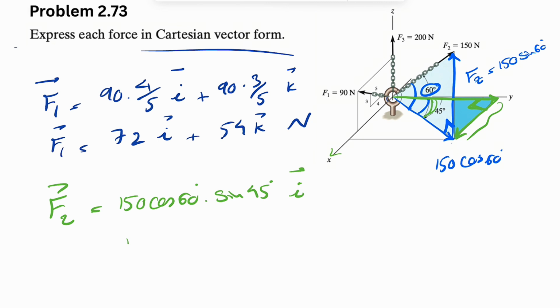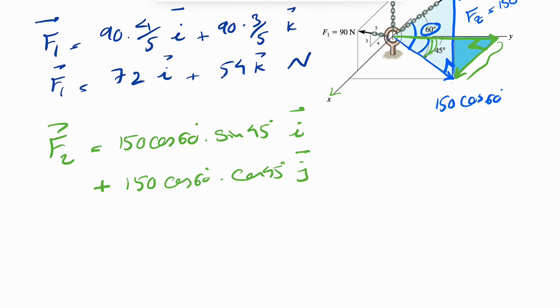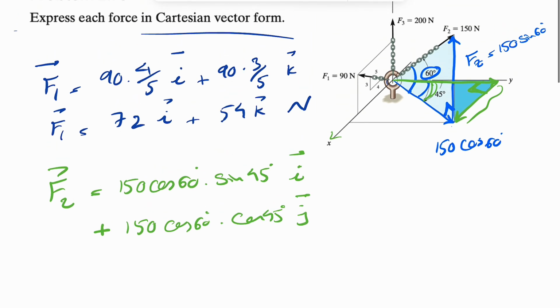That's going to be the X, and for the Y component, also positive 150 cosine of 60 degrees cosine of 45 degrees, that's going to be our J. And again, this one's positive, and Z is also positive, which is what we had in here, so plus 150 sine of 60 degrees.